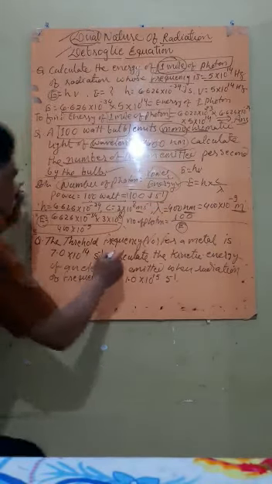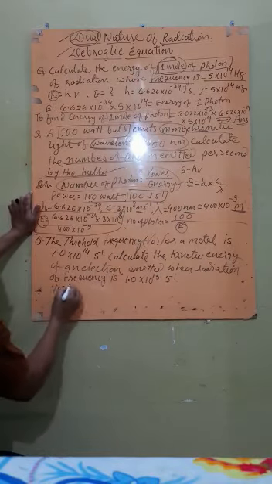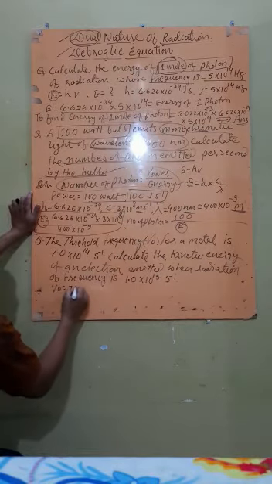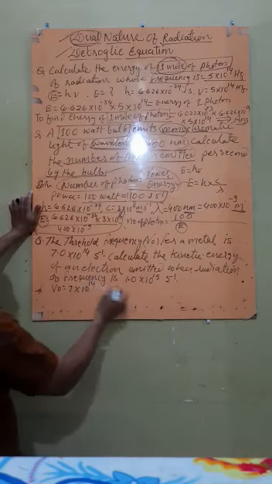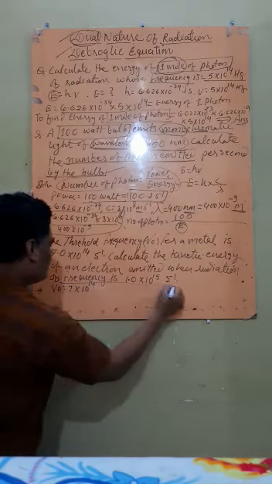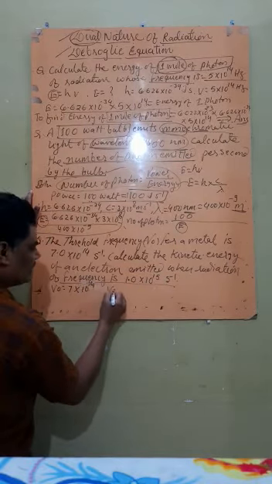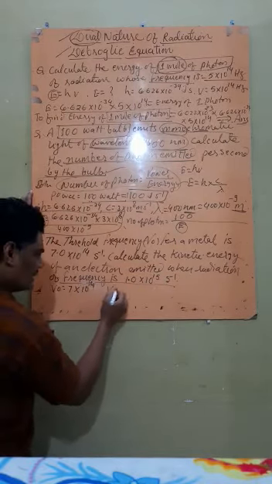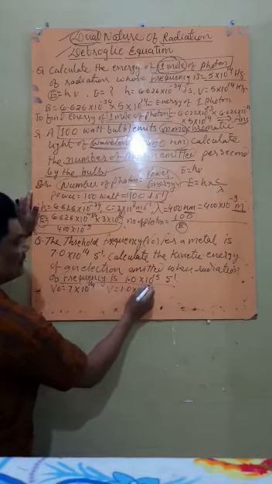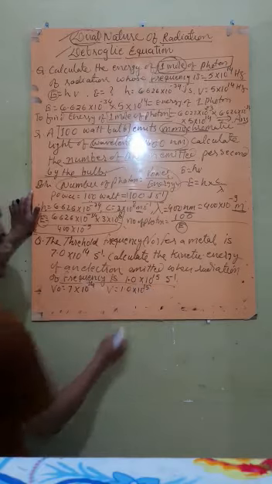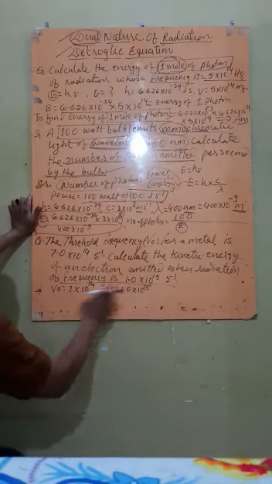Third question is the threshold frequency. Threshold frequency v0 has the value 7 into 10 to the power 14, while the incident frequency v is 1.0 into 10 to the power 15. You can check here that this value is greater than this value.